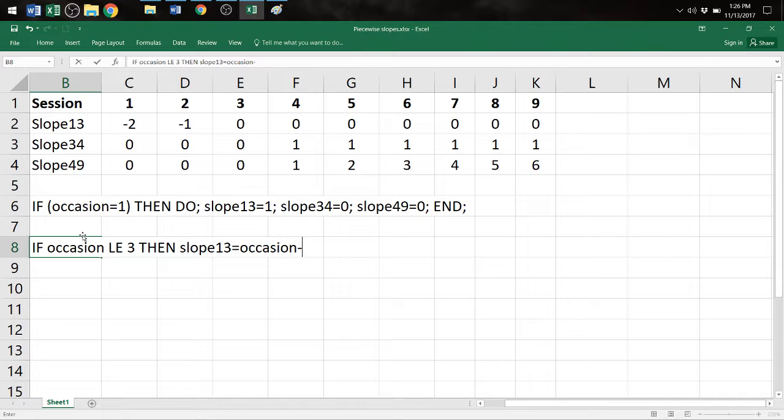Occasion minus, what would create this pattern up here? Minus 3. Else, slope 1,3 equals 0.